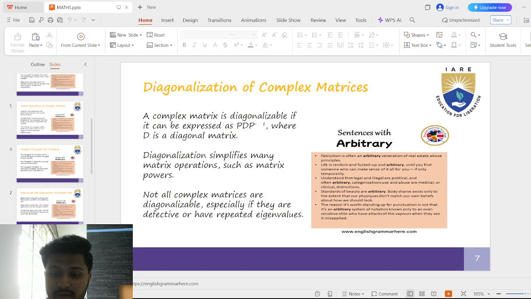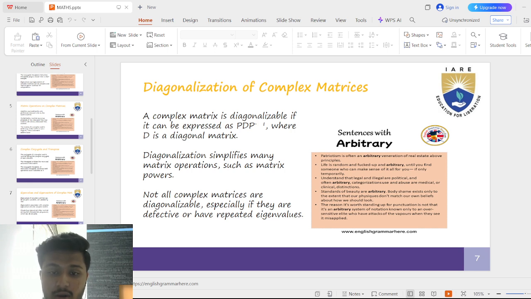Diagonalization of complex matrices. A complex matrix can be diagonalized if we can write it as PDP inverse, where D is a diagonal matrix and P contains the matrix's eigenvectors. Diagonalization makes calculations like finding matrix powers or exponentials much easier.